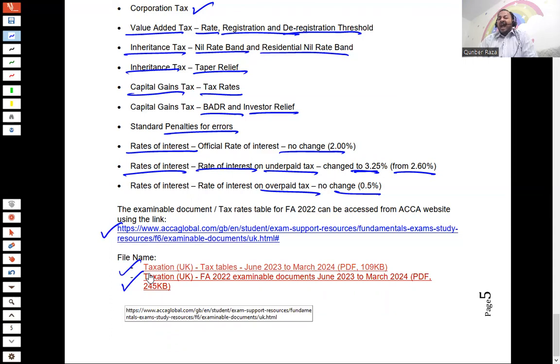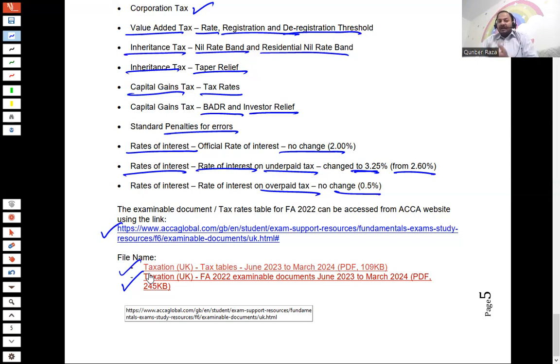even with a heavy heart, I allow using the same textbook, but never ever advise using the old exam kit. I always advise using the updated exam kit, because as a student, as human psychology, once I attempt a question, if my answer is right, it gives me comfort. But if my answer is wrong, I get worried.